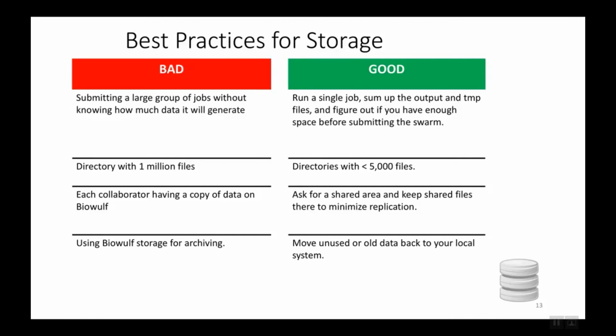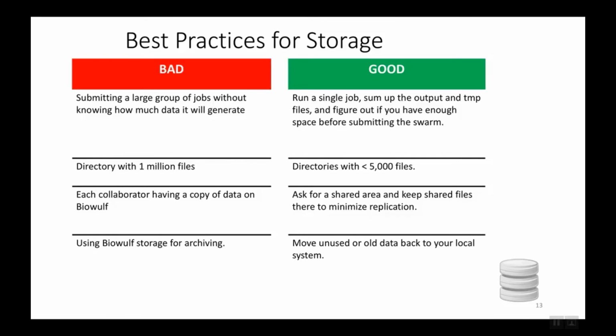If you're working as part of a collaboration, you should not have each member of that collaboration have their own copy of data files unless they're going to be working independently on that data and are going to need to modify their own copies. Instead, you should ask for a shared area and keep shared files there to minimize duplication of data.